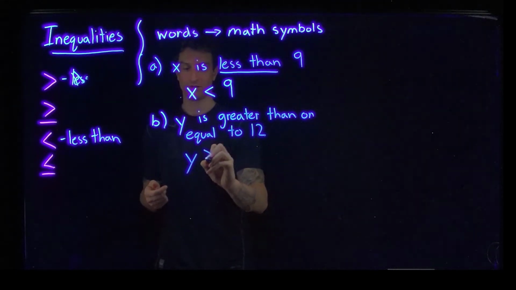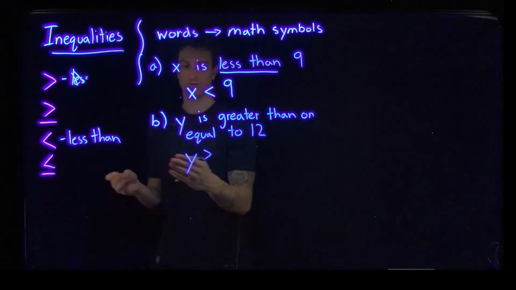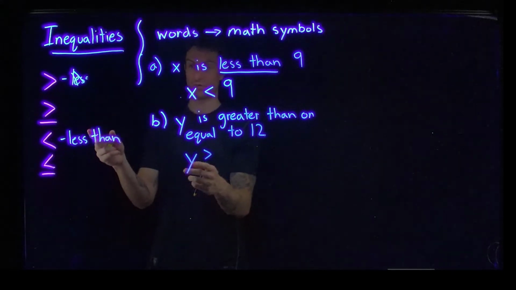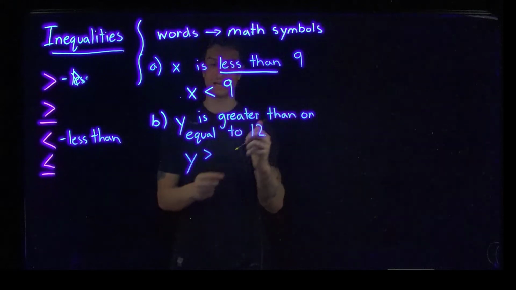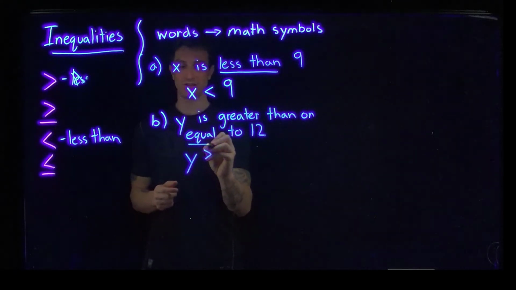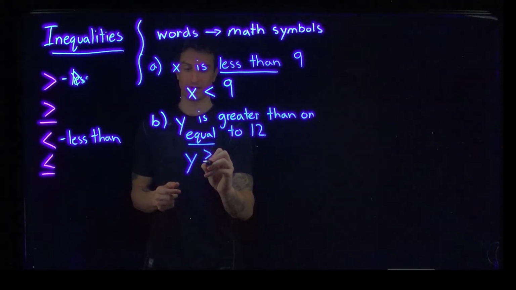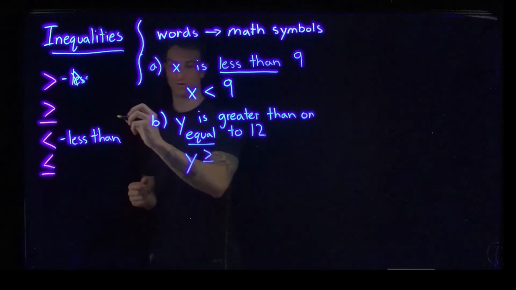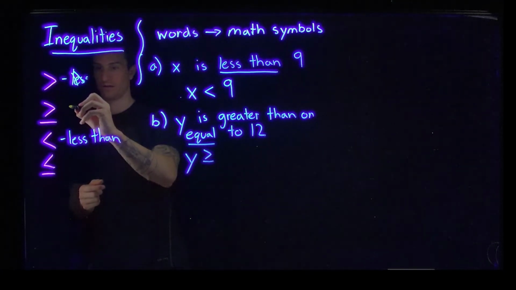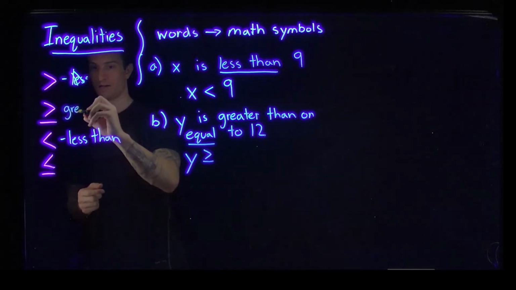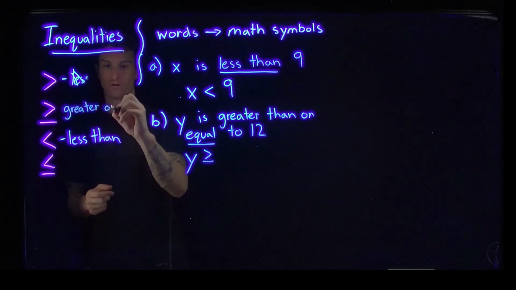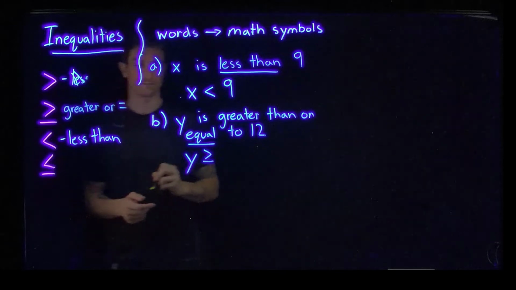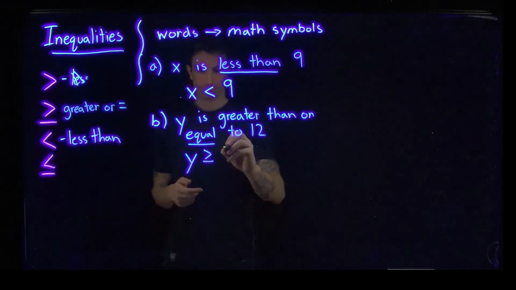Greater than, we're facing it towards what is greater than, in this case the y is greater than. Up here, the x was less than, so it's facing towards the 9. And if we ever have the word equals, we put a line below. So we'll write here, greater than or equal to 12.